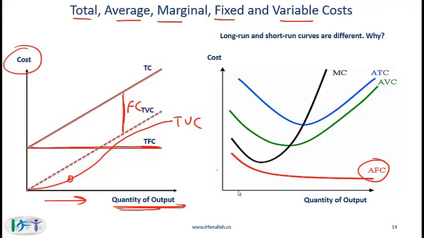When the quantity is small, over here the average fixed cost will be relatively high. As quantity increases, the average fixed cost, which is total fixed cost divided by quantity, obviously comes down. So that explains why this is bending downwards. Obviously, when the quantity is very high, and if we are going from say 1000 units to 1001 units, then average fixed cost still comes down, but by a very small amount.